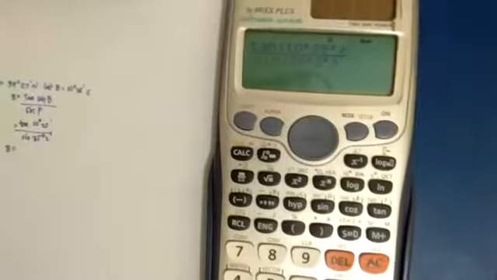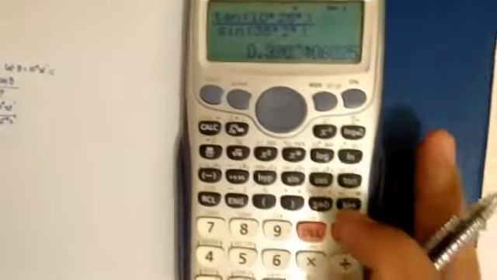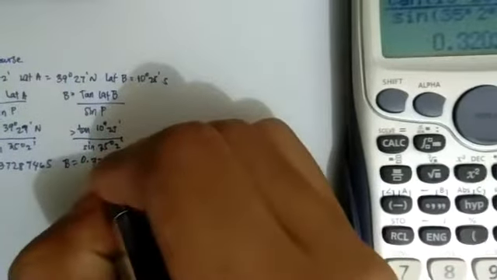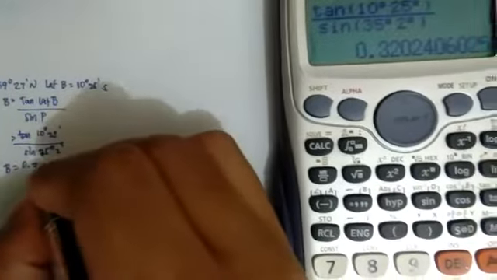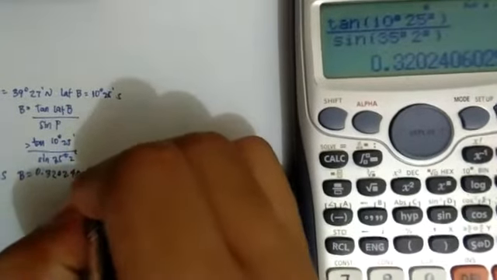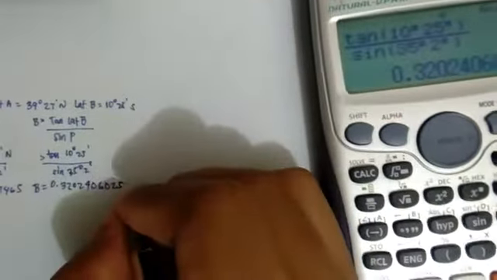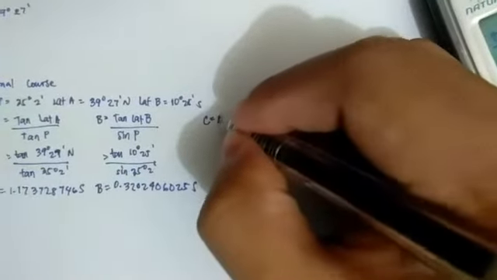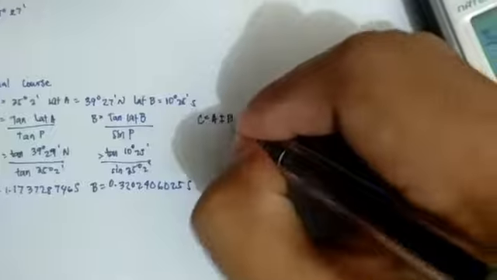So we have 0.3202406025 south. And next is our C, which is A plus or minus B.